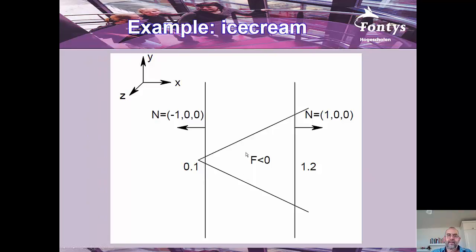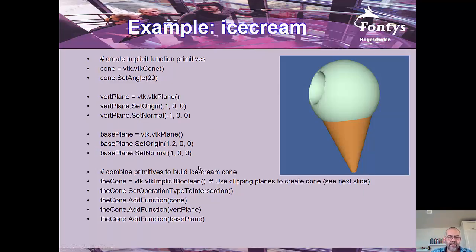We intersect this plane here. It separates the world into 2 halves, and we intersect the cone with this half of the world. And same here, this plane divides the world in 2 halves, and we intersect the cone with this part of the world. And that's the intersection function that we use over here, set operation type to intersection.